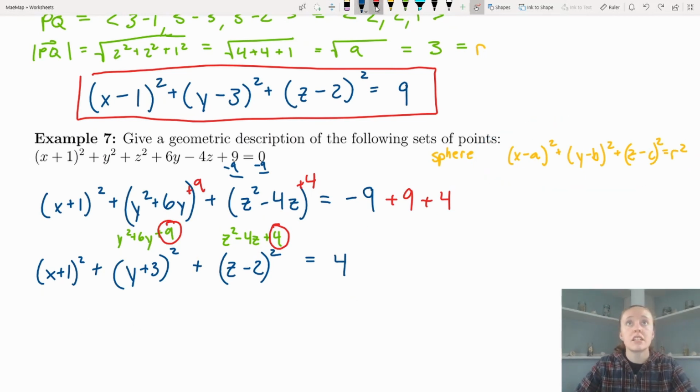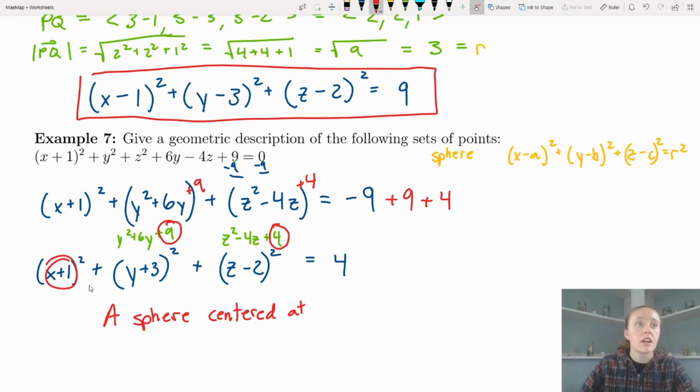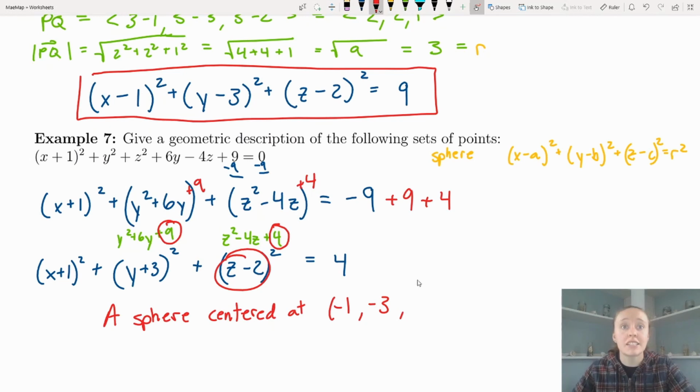So this is a sphere centered at, well, x minus a, so that's going to be negative 1 for a, y minus b, that's going to be a negative 3 for b, and then z minus c, that's going to be a positive 2.